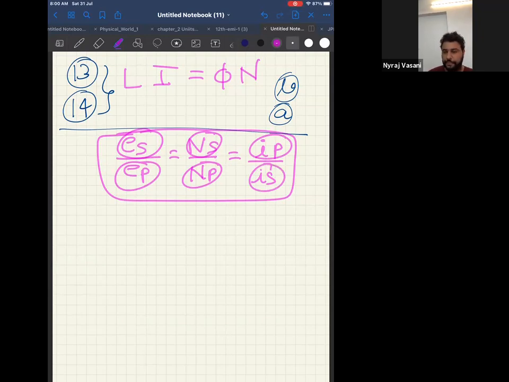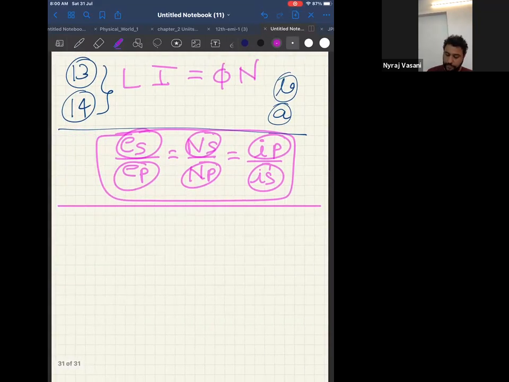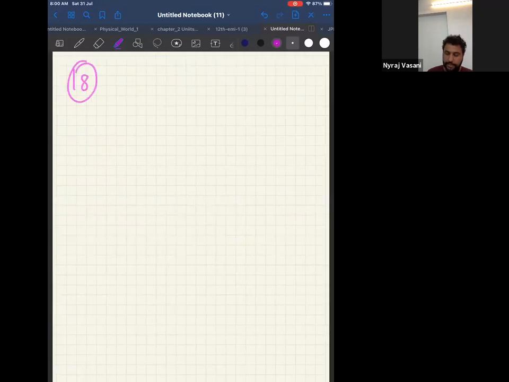Correct? Now, with this knowledge, try to start with question number 18. Start solving question number 18 in your module, page number 36.